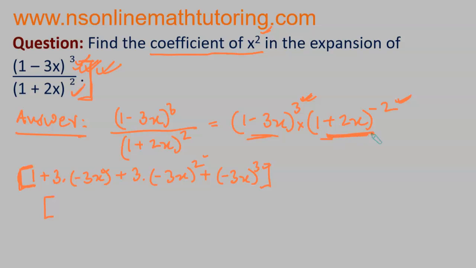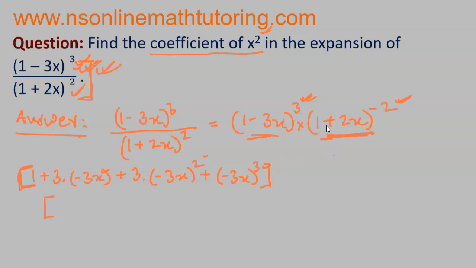But we won't be having any 1 over x. But can we have x square from this term? Okay, let us first of all find the first few terms of that series. Then it will be very easy to visualize.